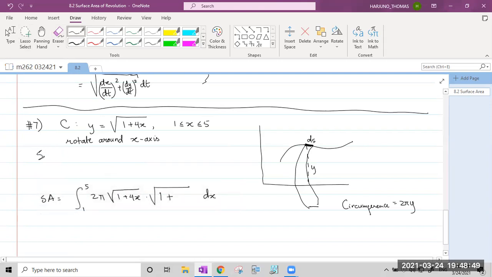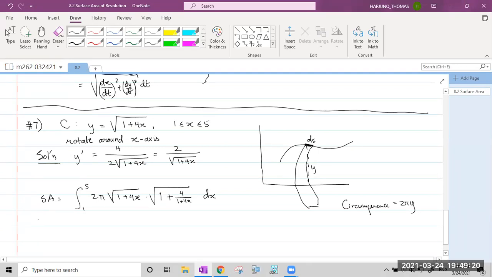Solution: y prime equals 1 over 2 square root of 1 plus 4x, times 4, which is 2 over the square root of 1 plus 4x. Now, if I square it, then I get 4 over 1 plus 4x.